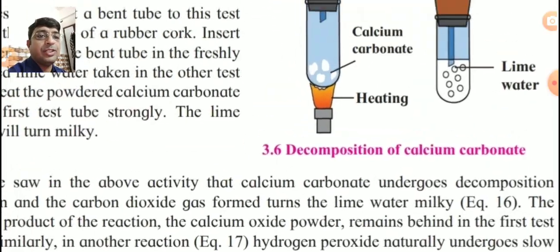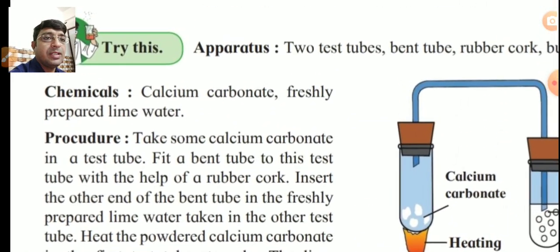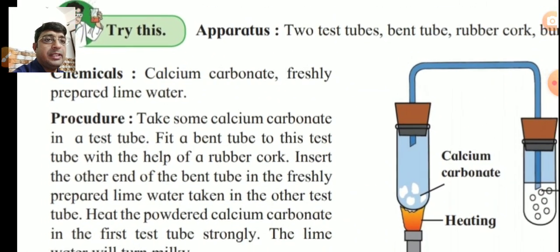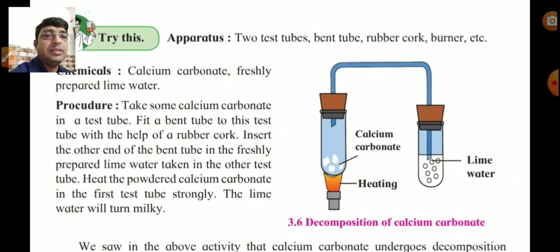Check on the next page also. A few more activities are given. The next activity given here has apparatus and chemicals. Even a diagram is given. Take some calcium carbonate, CaCO3, in a test tube. Fit a bent tube to this test tube with the help of a rubber cork.